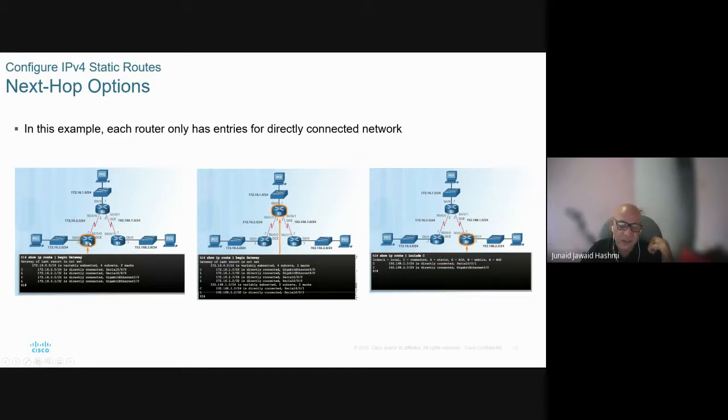Okay. The networks that are not directly connected to R1 are 1.0 and 2.0. So we have to tell R1 about these two networks.